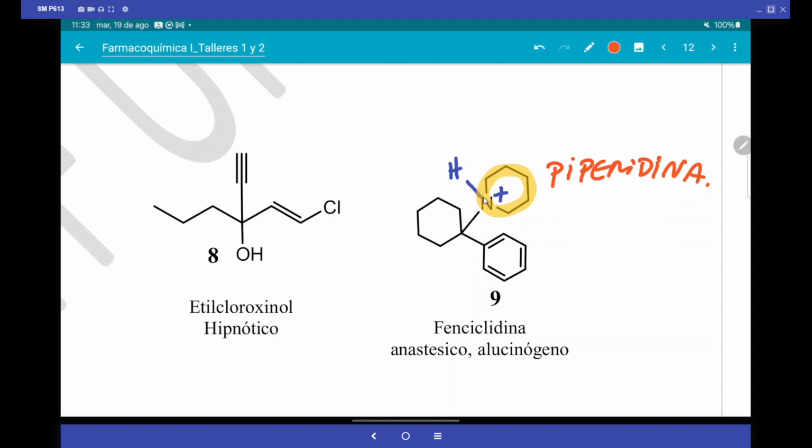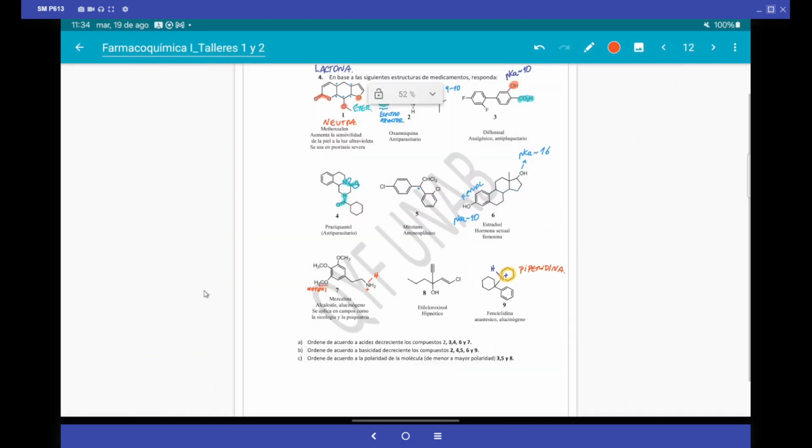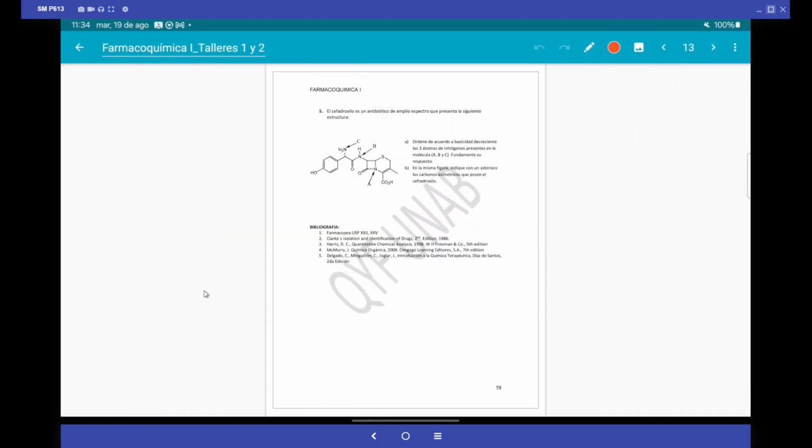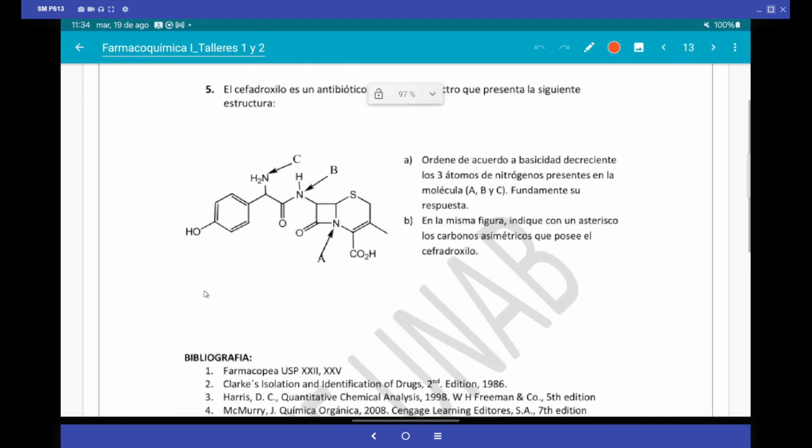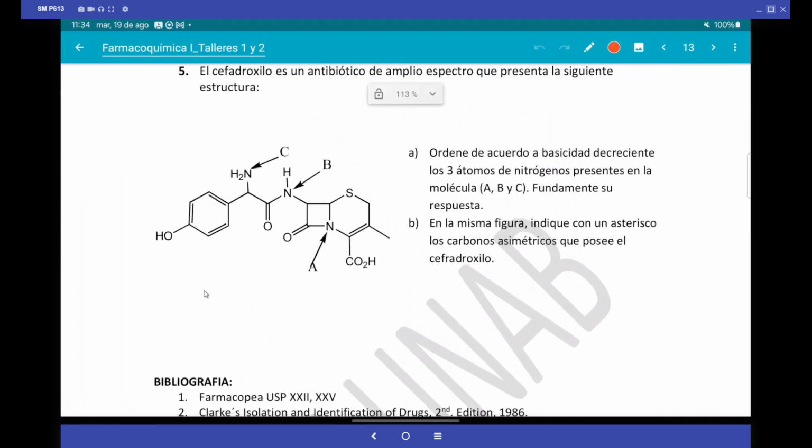Perfect. The other is an alkyl hydroxyl, so it does not have any ionizable group. Molecule number 8, perfect. This is a super good exercise for the functional groups and their different pKa values. And this compound also asks about basicity.